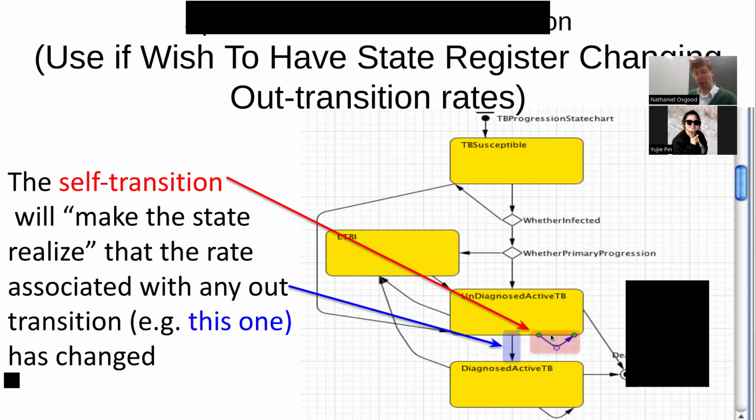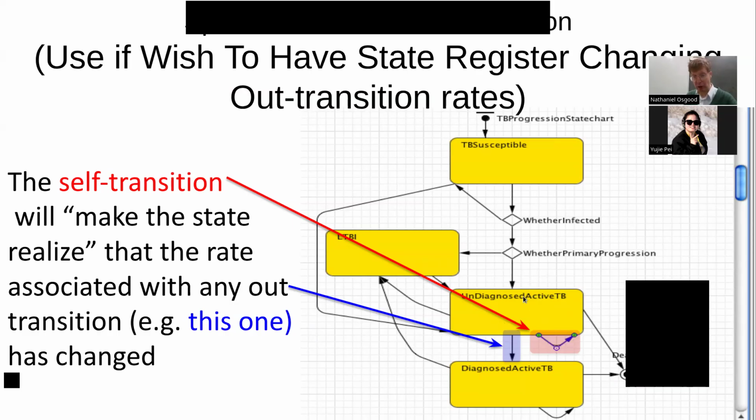If you wish to have something going on while staying in a state, the way of doing it in AnyLogic is to have a transition within the state, going from the state to itself, but staying within the boundaries of the state visually. A transition like this will lead them to leave the state and come back into it. And that's important if there's entry actions here. If there's things to be done when they enter a state, this will actually leave the state and come back in.